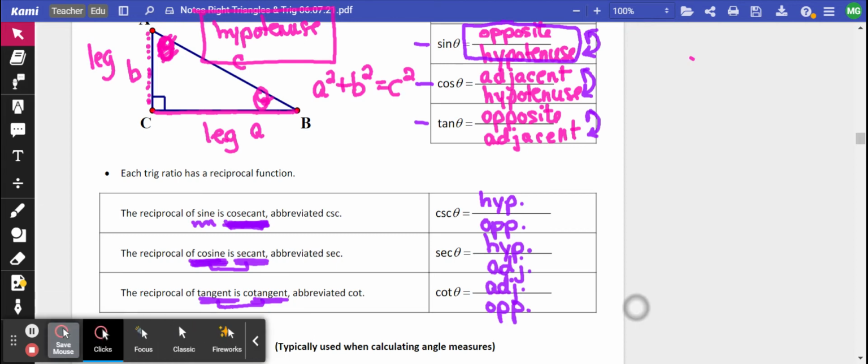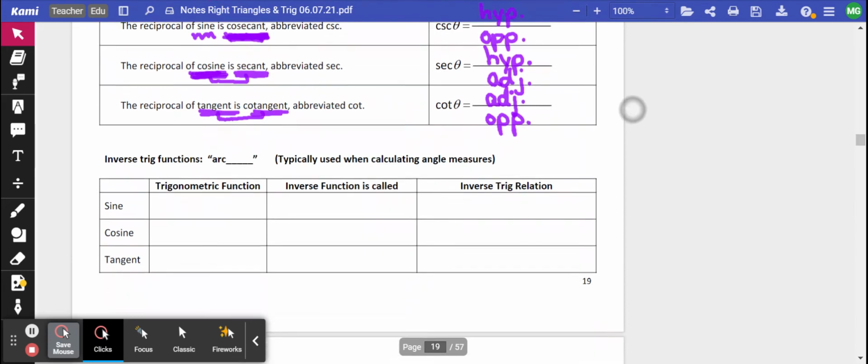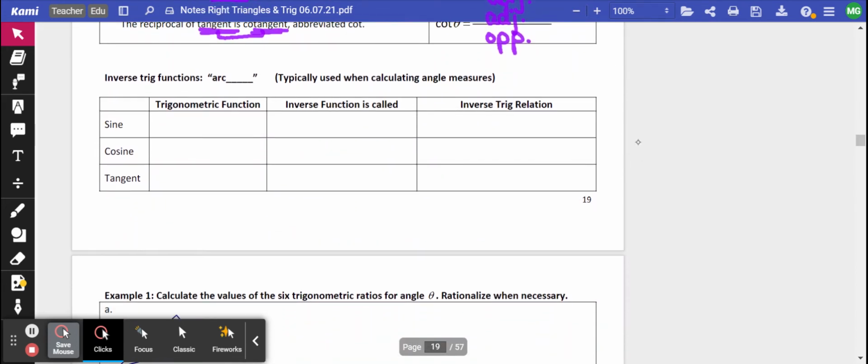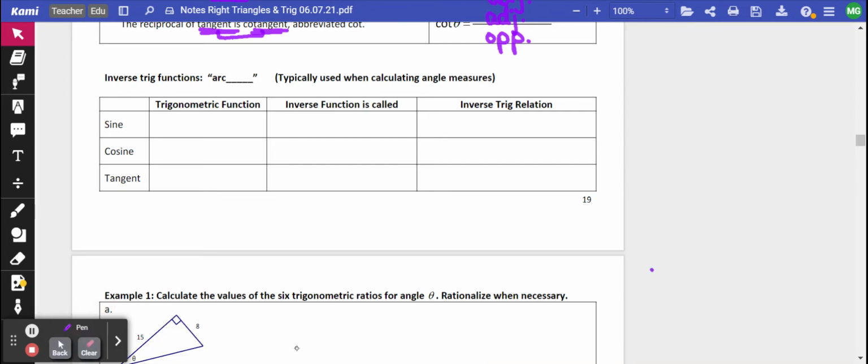Okay, let's continue. I'm going to give you a lot of information here, and then we'll use it. So the inverses of our trig functions are usually used for calculating angles. And we will say arc sine or inverse sine.